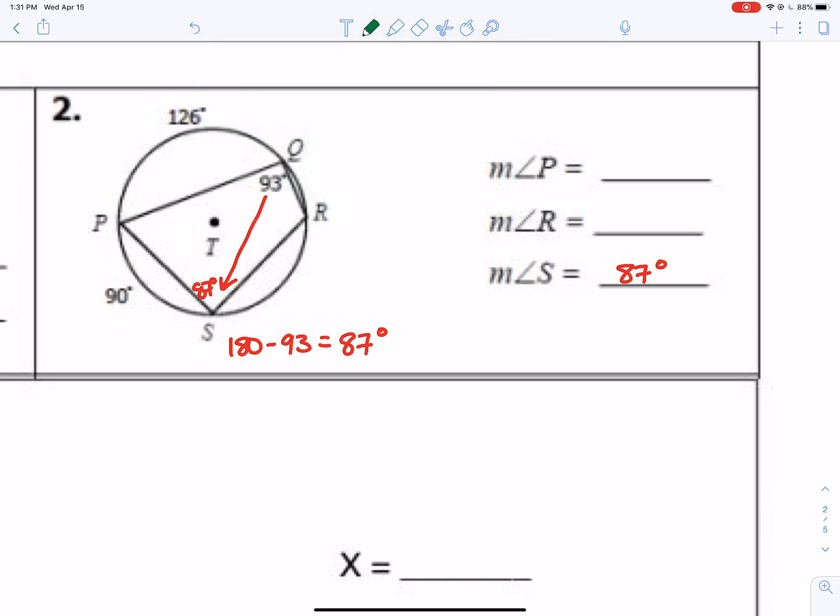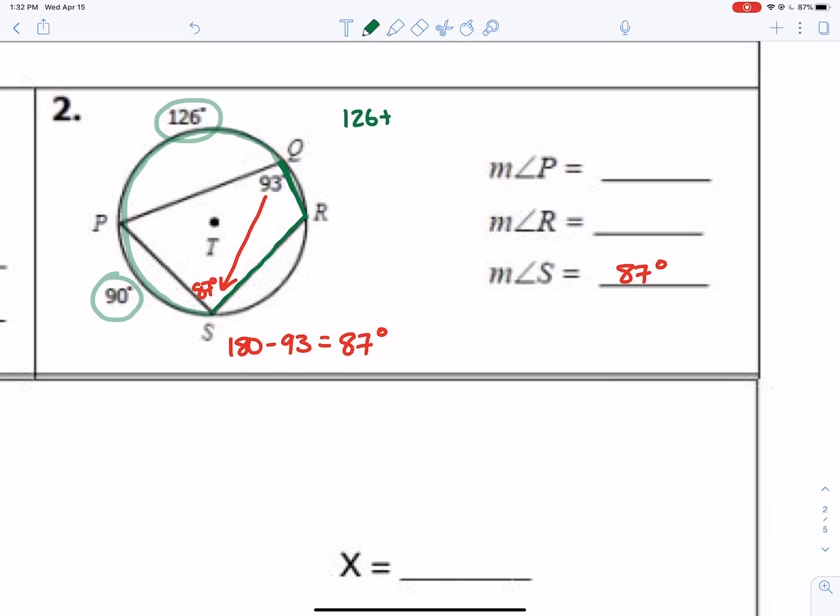Angle R opens up, it's inscribed, and it intercepts this very large arc, arc QPS. And we know the measures of those two arcs combined. So 126 plus 90, and then we'd have to divide by 2.